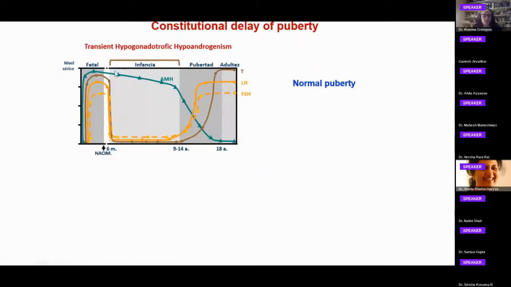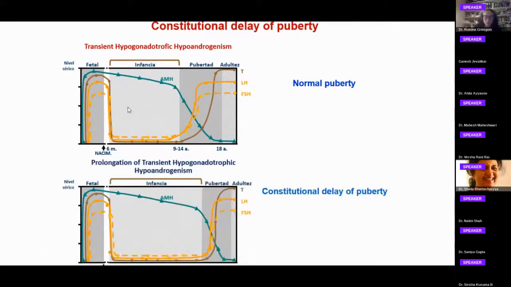As I already told you, we can understand the constitutional delay of puberty as a prolongation in time of the transient hypogonadotropic hypoandrogenism in childhood. Here you can see the prolongation in time.